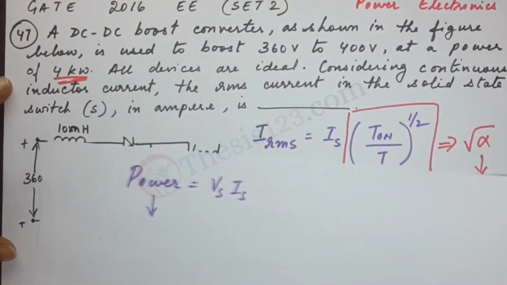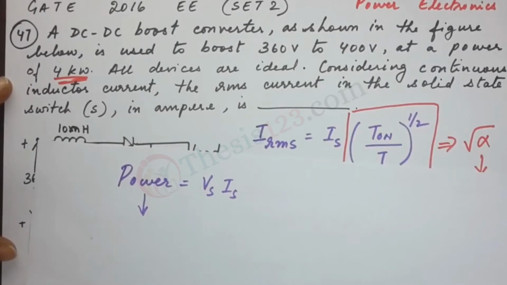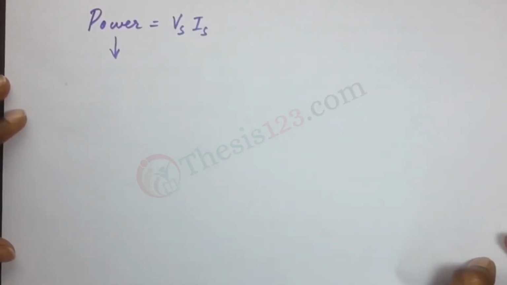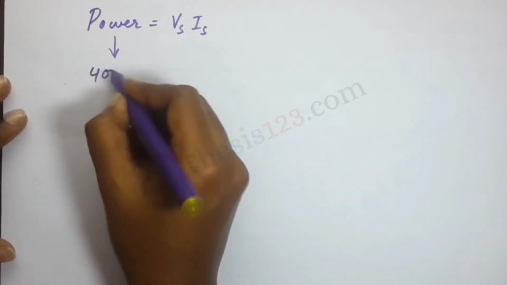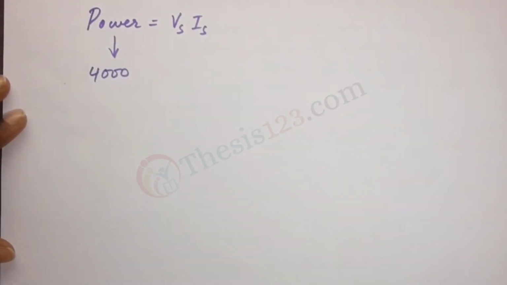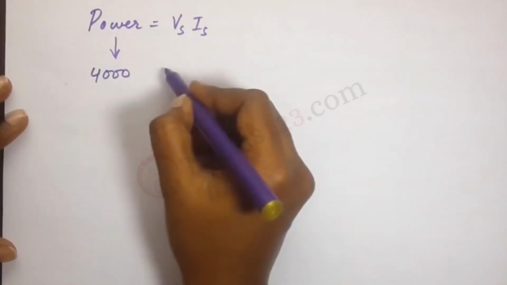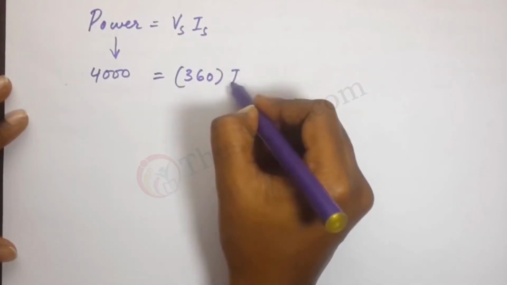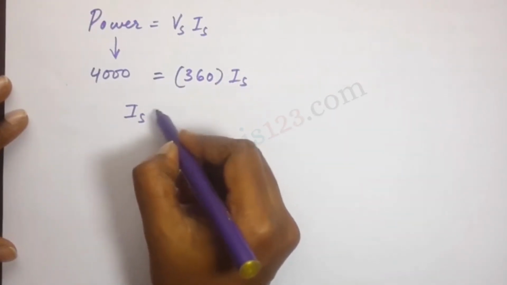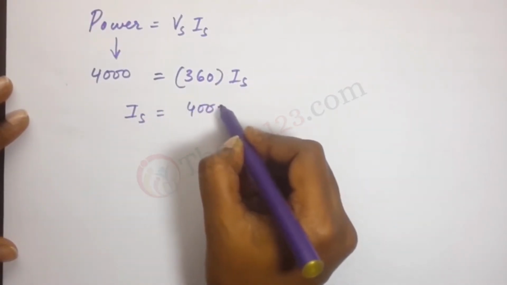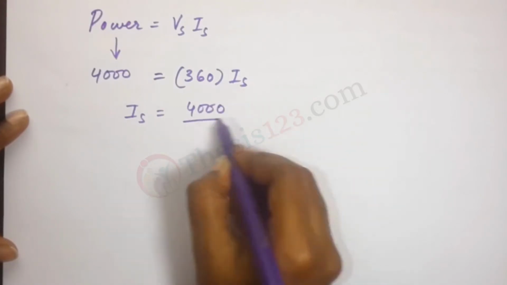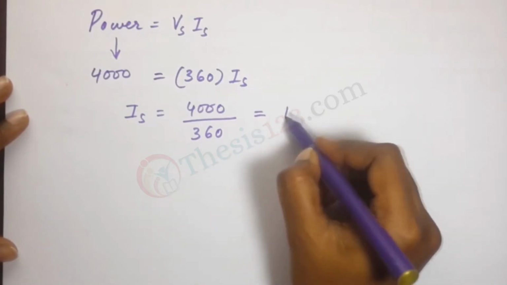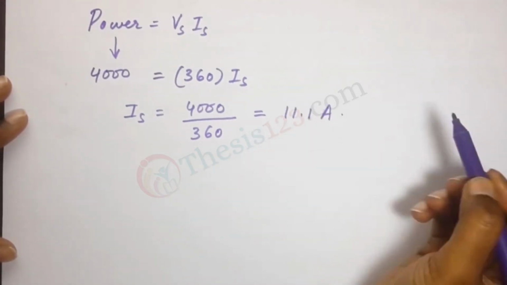The question says at a power of 4 kilowatt, so that's 4000. 4 kilowatt is 4000, equal to 360 into IS. So IS is equal to 4000 divided by 360, which gives us 11.1 amp.